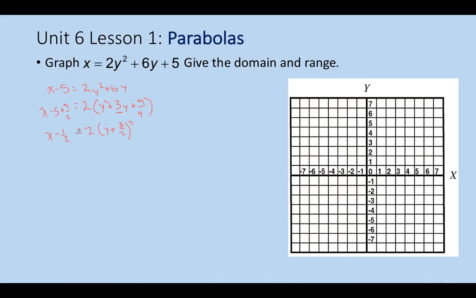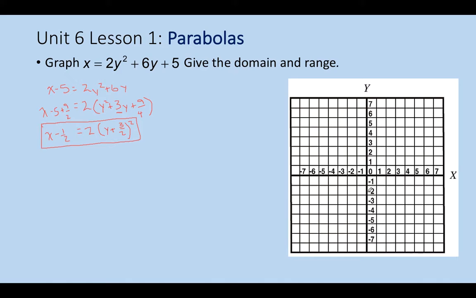And now I've got it back into this form, the vertex form, but of course, you know, the x and the y have been flipped, and so that means it's been inverted. I've got a horizontal parabola with a shift. And so I've got y is plus 3 halves, or 1.5, so I'm going to go down 1.5. Then over here I've got minus 1/2, so that means 1/2 to the right.